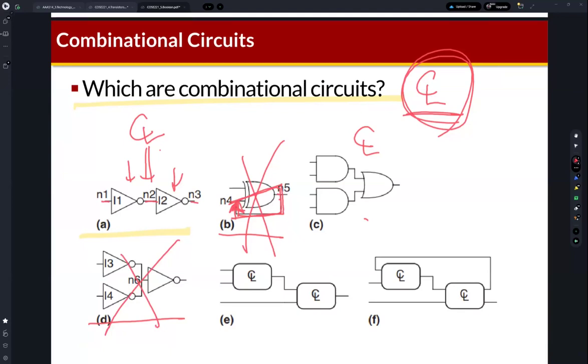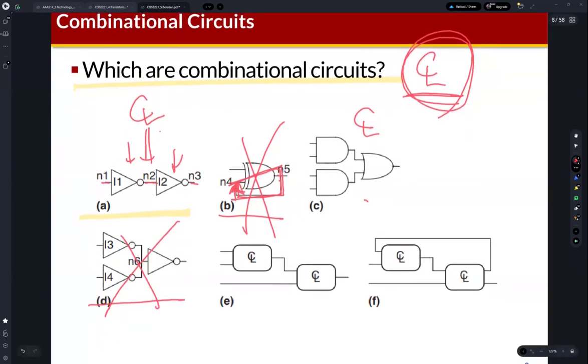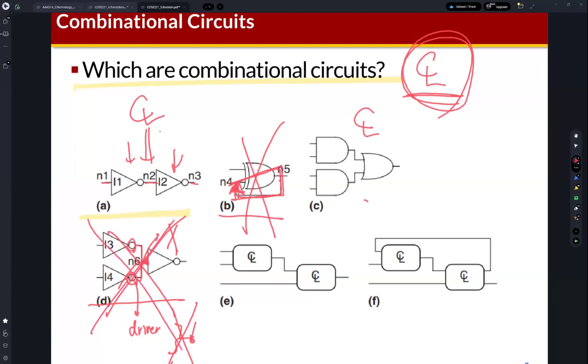Actually, this is an incorrect circuit, because two outputs are connected to one input. This circuit will not work correctly. The output is the driver, and if two drivers are driving one input, one node, then it will not work correctly. So this is not a combinational logic or combinational circuit.